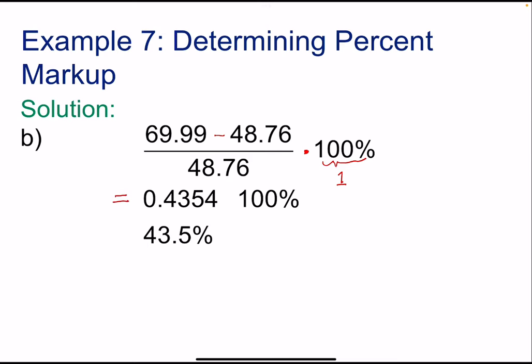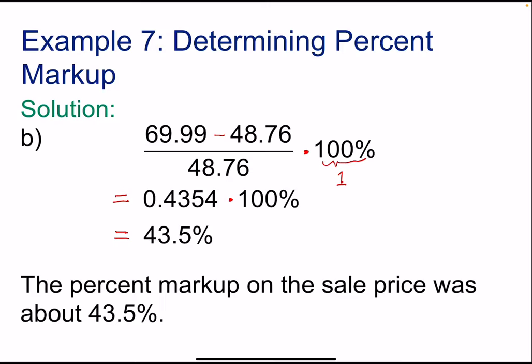And again, after you take the difference and then the division, you get 0.4354 and multiply it by 100%, you get 43.5%. That's the markup for the sale price, which is still quite high. So, you know, they make a lot of money.